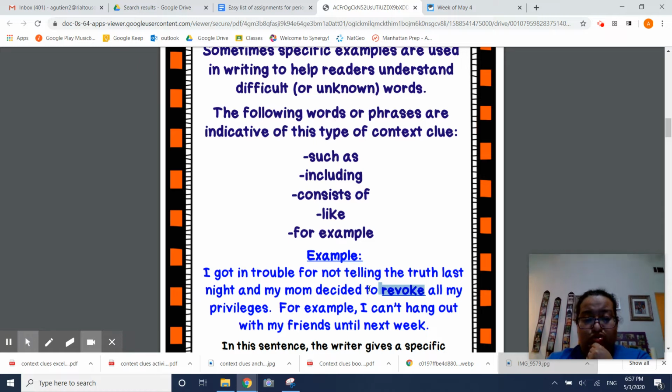What do parents do to your privileges when you get in trouble? And for example, they're about to tell us an example of what revoke means. I can't hang out with my friends. Okay. So, right on the side, write down what you think revoke means. Say, revoke means blah, blah, blah. Write your guess.